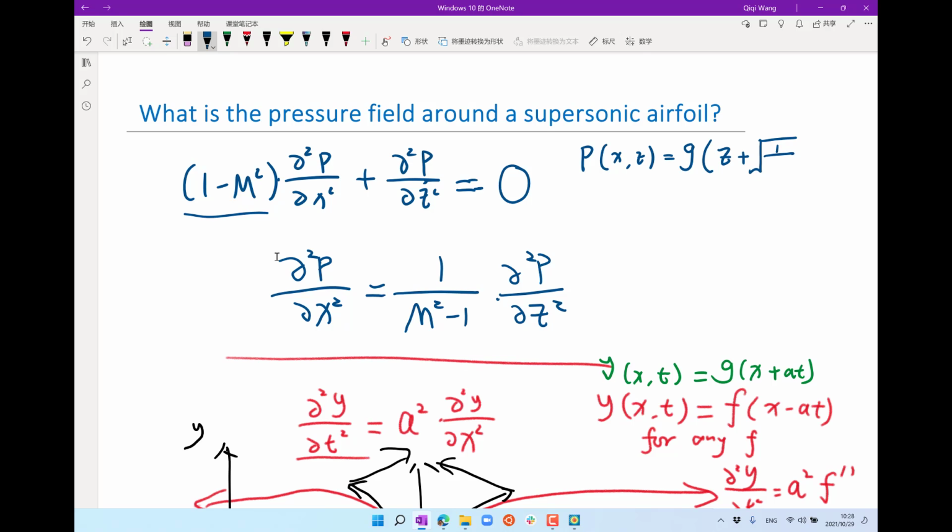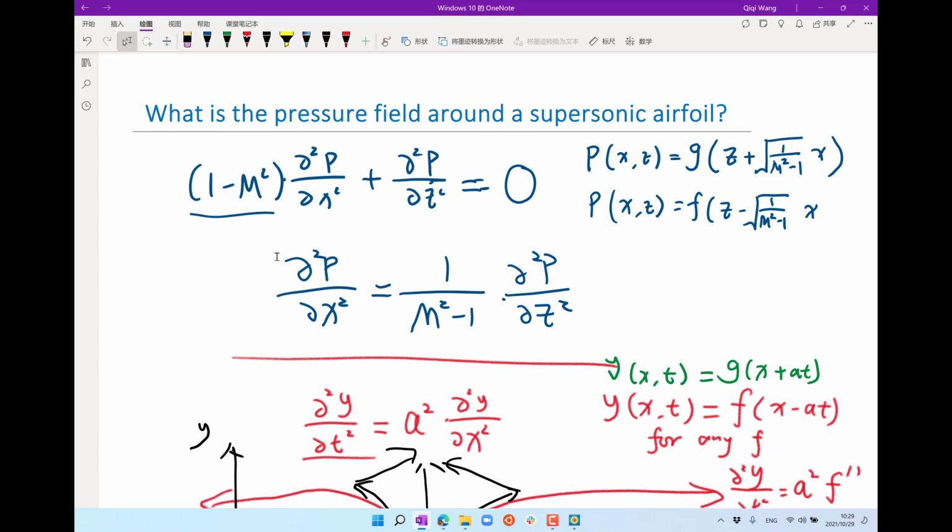Square root of 1 over m squared minus 1. Instead of t, we have x. Agreed? The same thing. Just a different notation, right? That's a nice thing about math, is that you solve for one equation in some completely different context, you know the solution to another thing. Some f of z minus square root of 1 over m squared minus 1 times x.